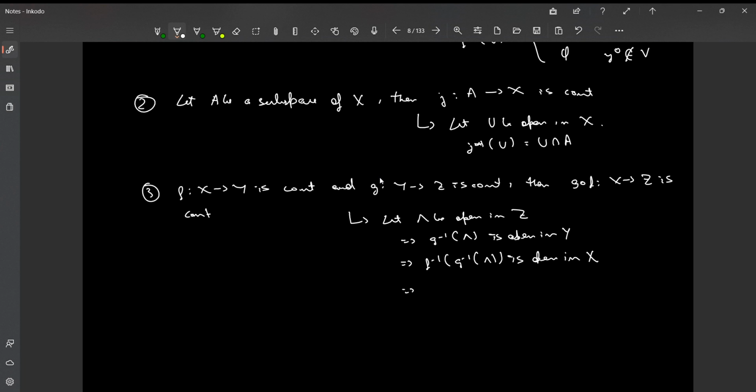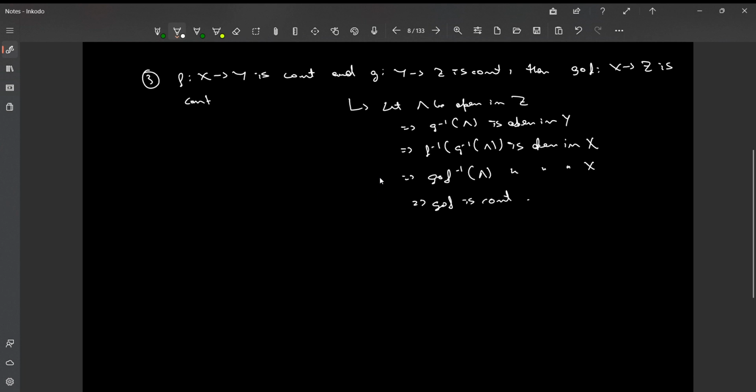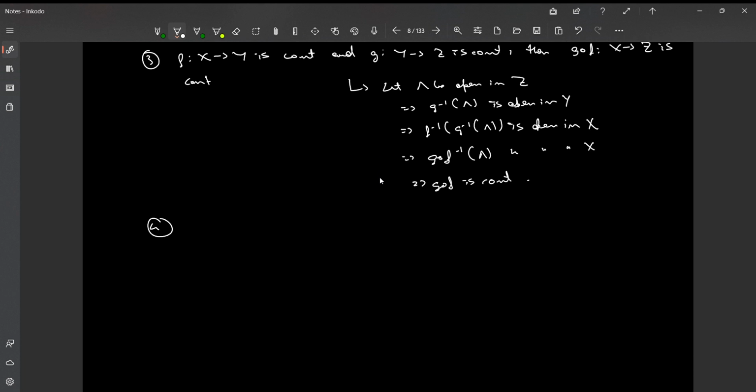That implies f inverse of g inverse of lambda is open in X as f is continuous. But f inverse g inverse of lambda is nothing but the inverse of g of f applied to lambda, by the definition of composition. So we started with an open set in Z and found that its inverse image under g of f is open in X. That means g of f is continuous.